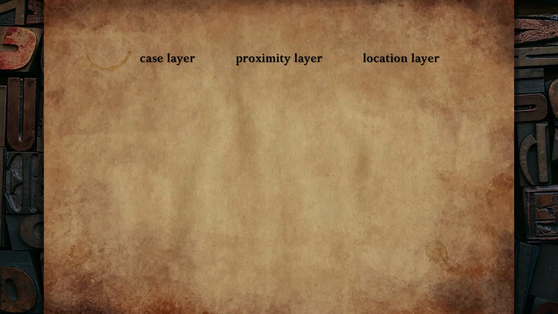And this is why the first combination possibility is just case, so we can have only the case, which is your basic non-spatial cases like nominative, genitive, dative, etc. I'm going to show those in a minute. Then we have the combination case and proximity, which is basically all the non-spatial cases you can imagine.